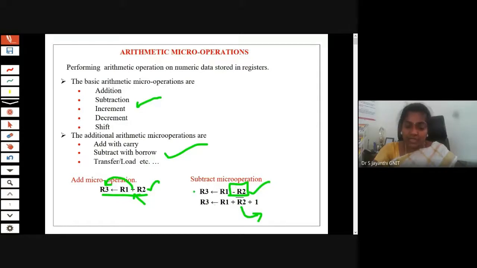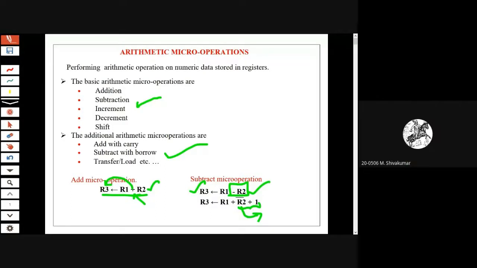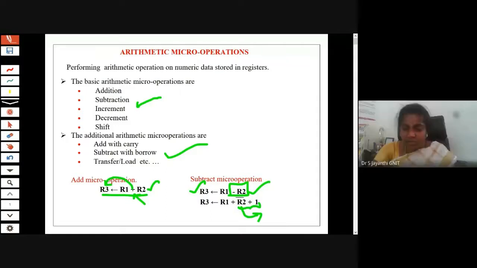So in general, the subtract operation is performed by adding the 2's complement. What is 2's complement? Addition of 1 with the 1's complement is known as 2's complement. Are you all following, students? Yes, ma'am. What is 2's complement?